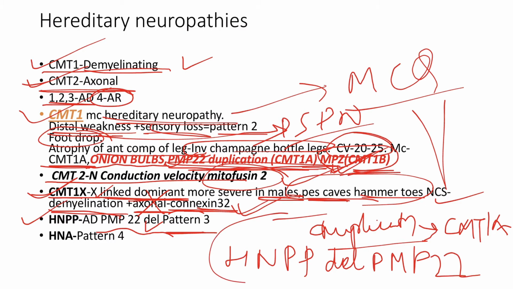This has been asked multiple times, very important. Then hereditary neuralgic amyotrophy actually presents as the type 4 pattern. Amyotrophy means it will be involving the proximal muscles, so where proximal muscles and distal muscles are both affected, it is always the nerve roots or the plexuses. So hereditary neuralgic amyotrophy, the fourth pattern.